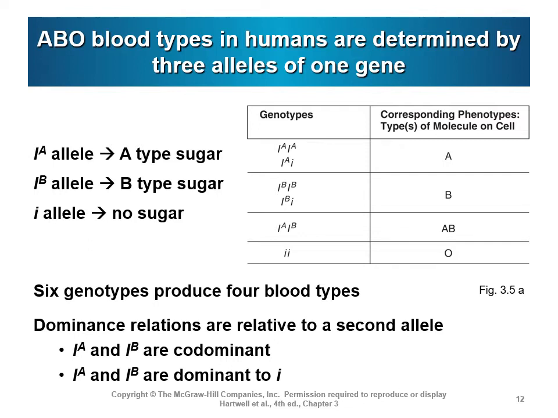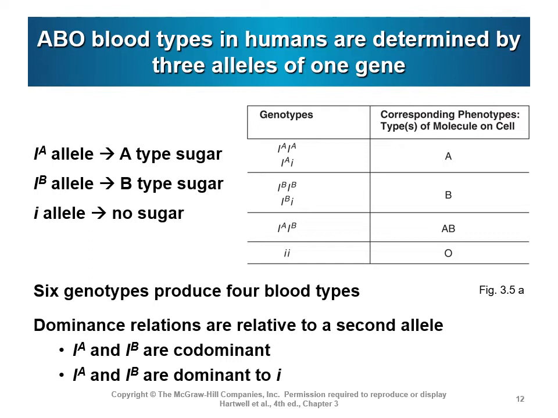Therefore, a genotype AI will also yield an individual with blood type A. The same holds true for genotype BI, which also yields an individual with blood type B.